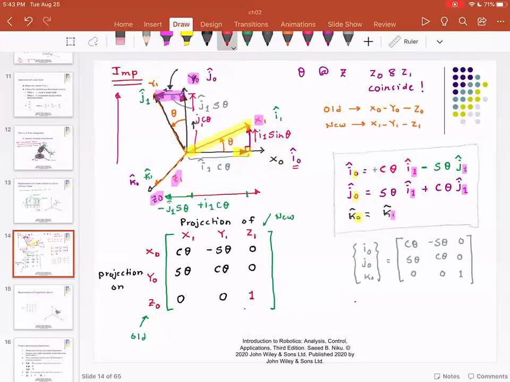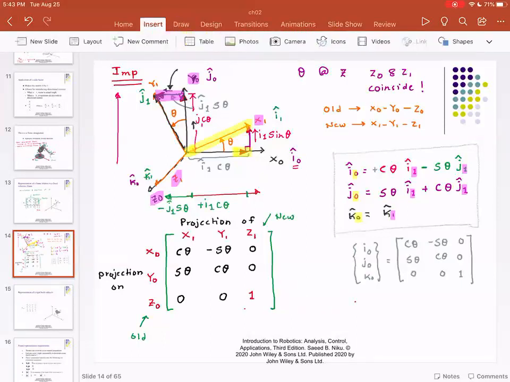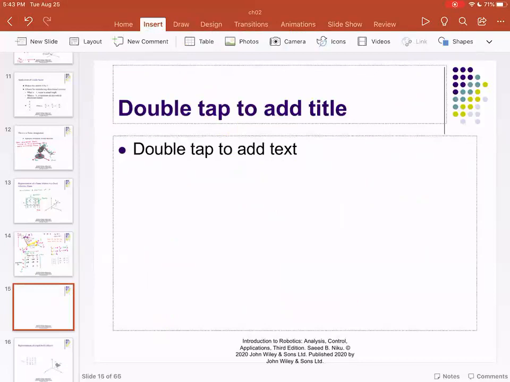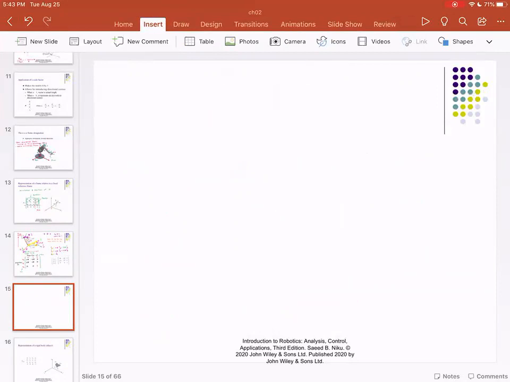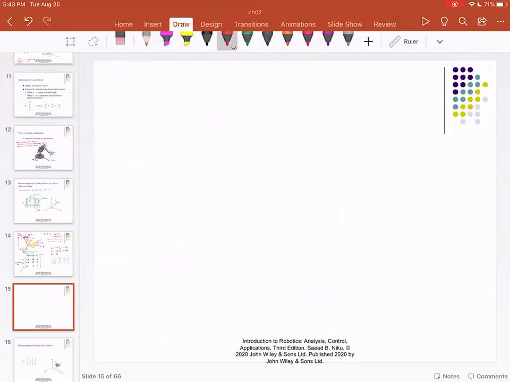And I'm going to solve this again. So everyone, please pay attention once again, because this is what we will do again and again when we try to solve the kinematic equations. So what I'm trying to do is this. Just a second, let me finish this and I'll answer your question. I have an old frame.